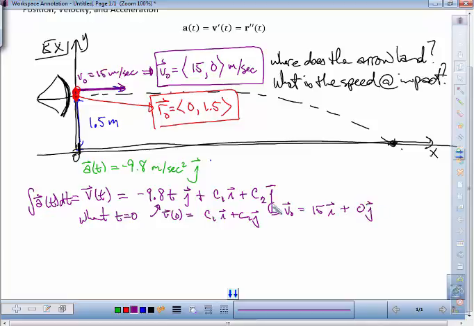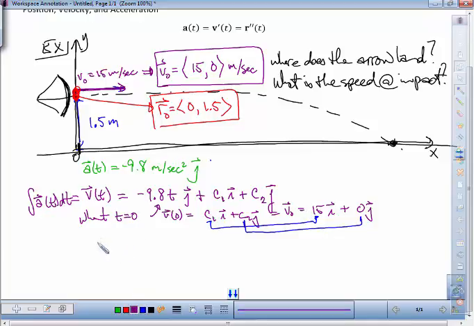So you have your c1 and c2 essentially solved for here, right? So it looks like c1 is going to be equal to 15. Those are the i components set equal to each other, and the j components set equal to each other. c2 must equal 0.